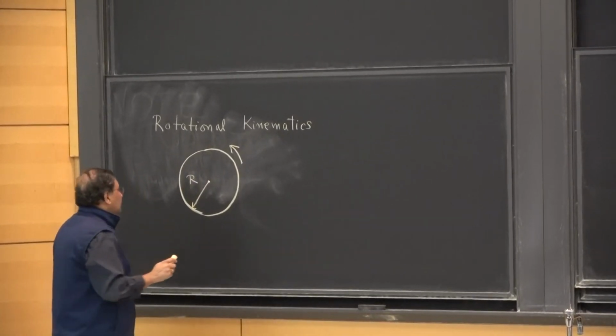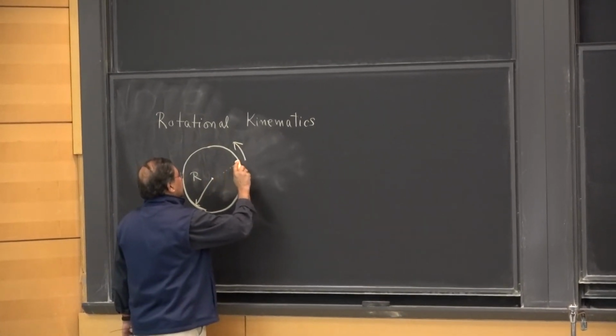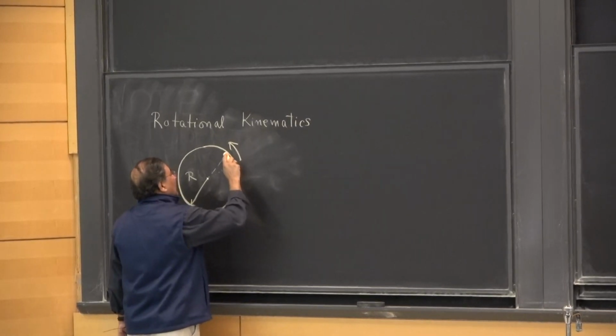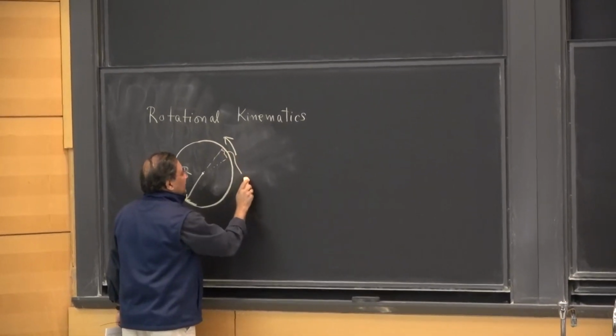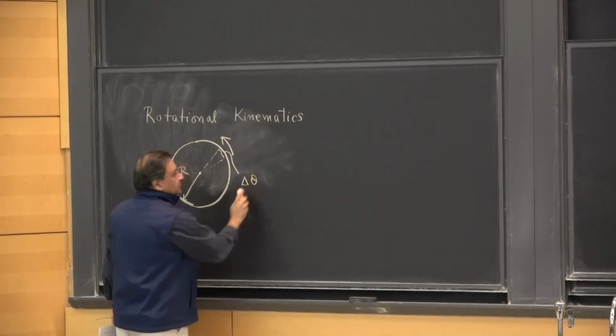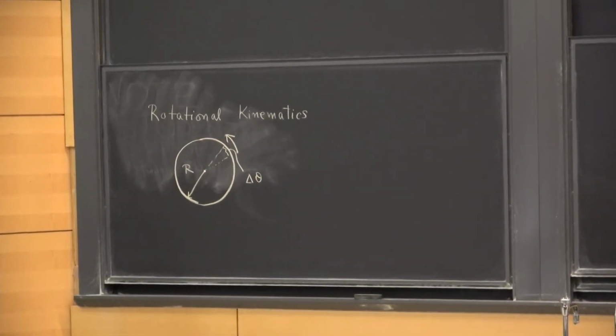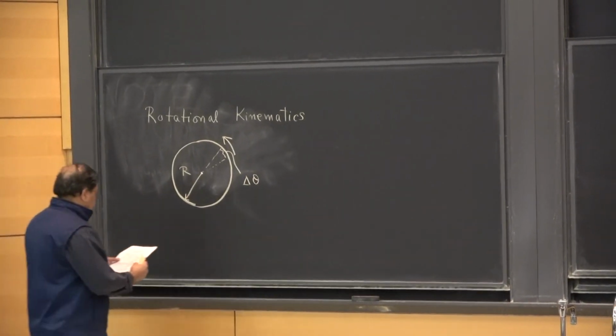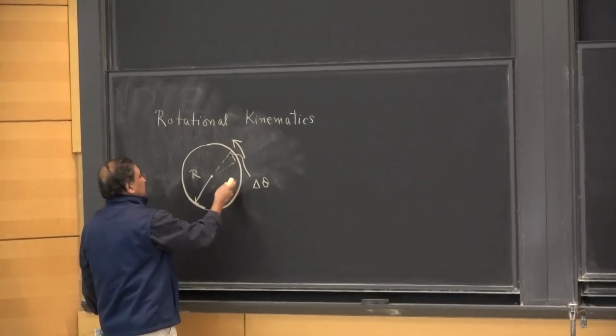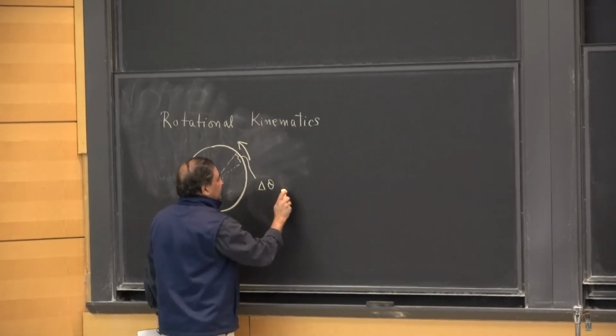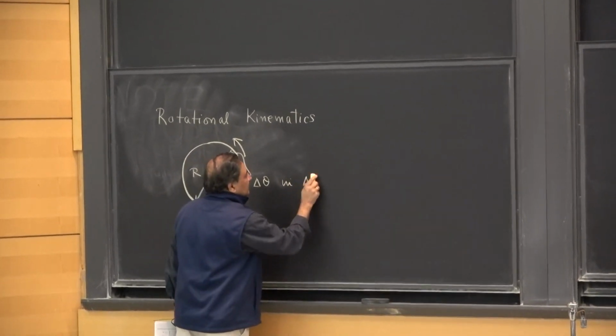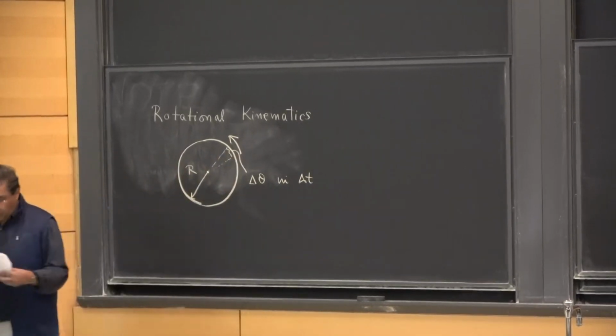And then you say, well, over some time delta t, let's say this thing turns by some sliver of an angle, which we shall call delta theta, okay? So delta theta, this turn happens in delta t, which is a small interval of time.